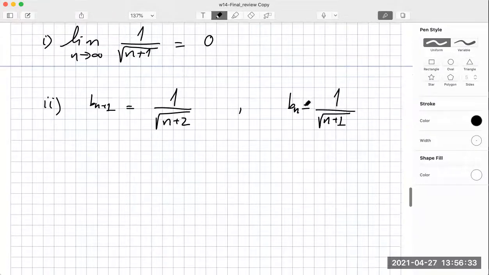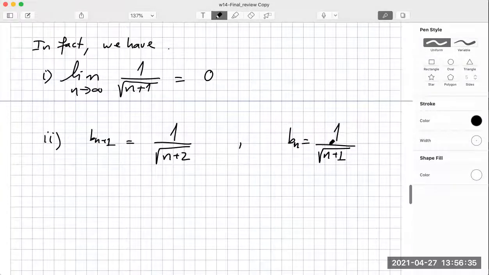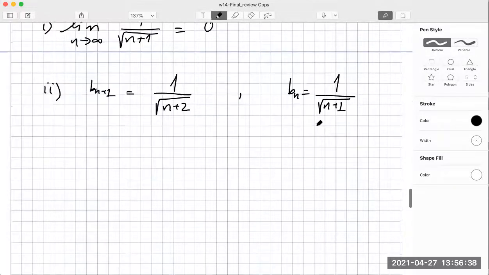And Bn here is 1 over square root of n plus 1, right? We need to prove this. And it is easy to see that n plus 1 is smaller than n plus 2, for any n in the integer set, right?